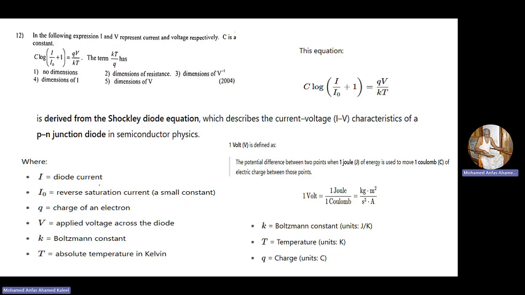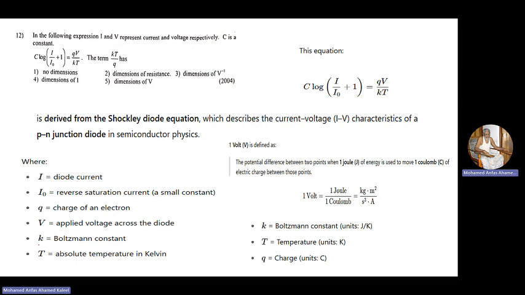Where I is the diode current, I naught is the reverse saturation current, a small constant. q is the charge of an electron. V is the applied voltage across the diode.